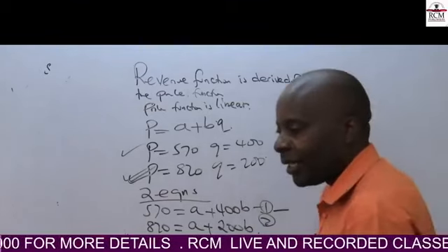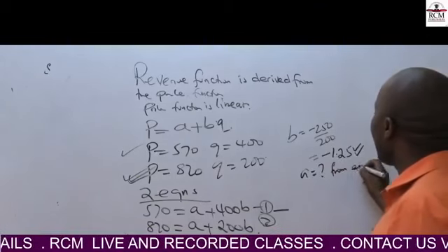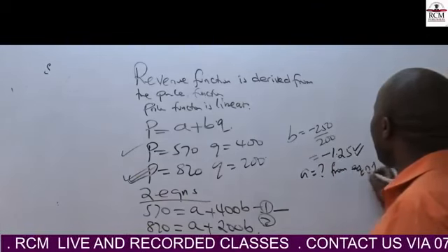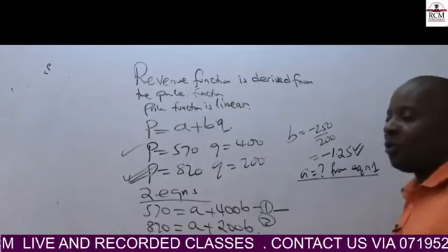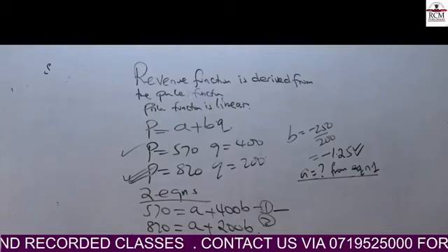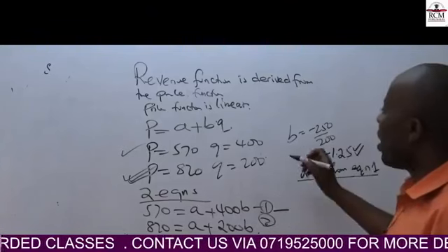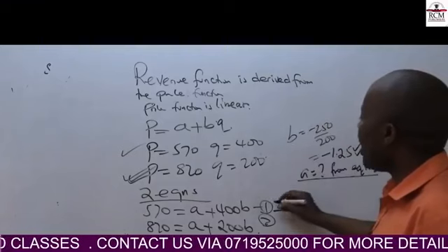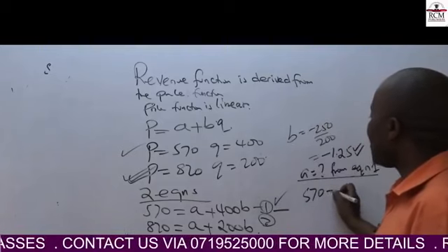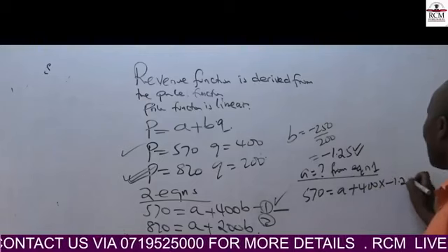Now, having gotten B, I should be able to get A from equation 1. So we have 570 equals A plus 400B. B is negative 1.25.